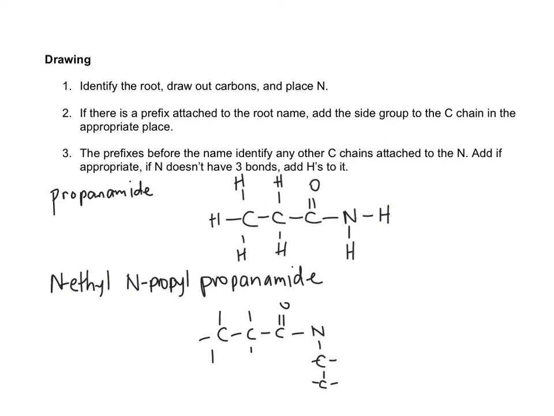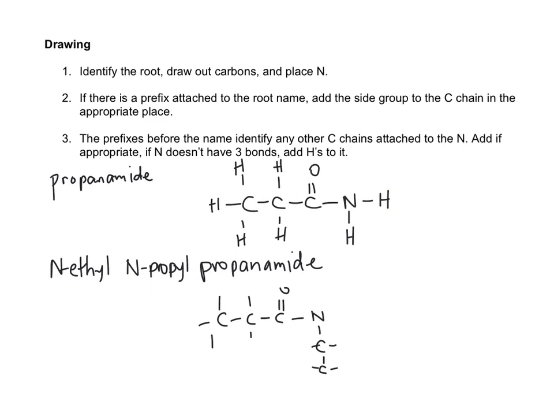Let's move this up just a smidge. Here's your ethyl group, and we also need another propyl group, 3 carbons. So here's your structure. You'd have to throw in your hydrogens. So you've got an ethyl group, and propyl, propanamide.